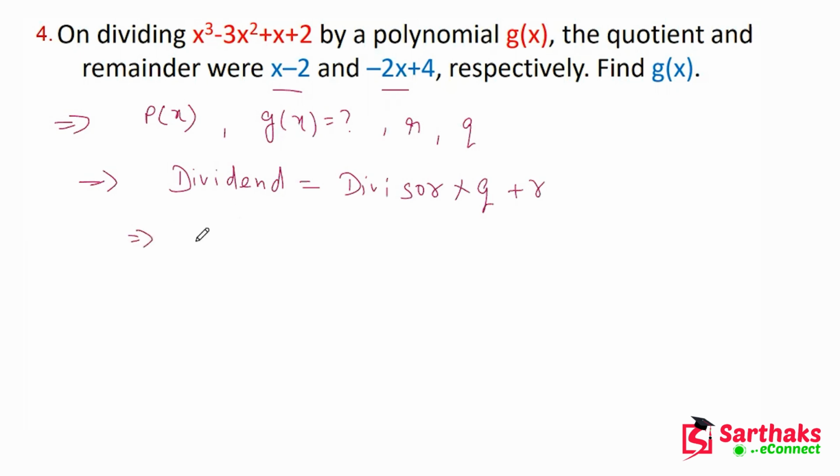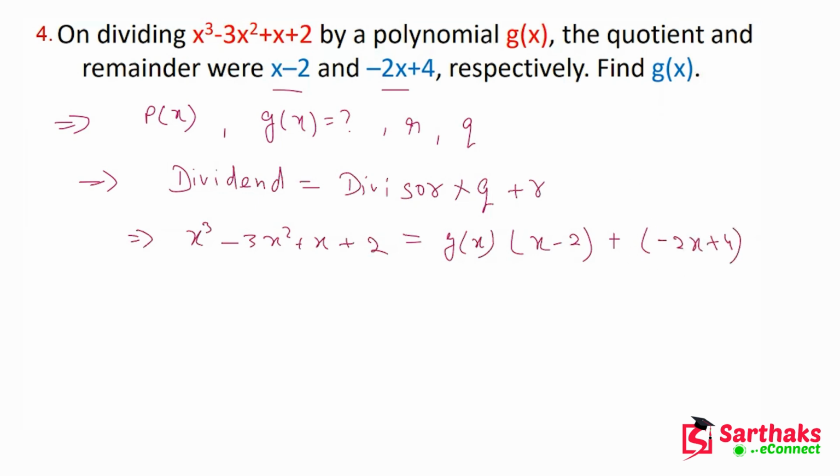Dividend, we have x cube minus 3x square plus x plus 2. Okay, and what is the divisor? The divisor we don't know, we have to find g of x. And what is our quotient? Quotient, we have x minus 2, and what we have? Remainder is minus 2x plus 4.